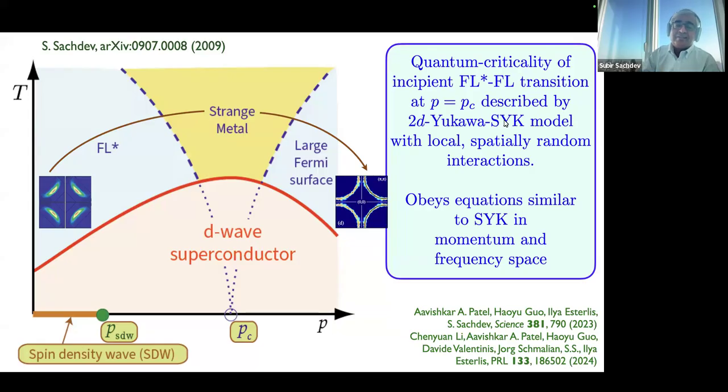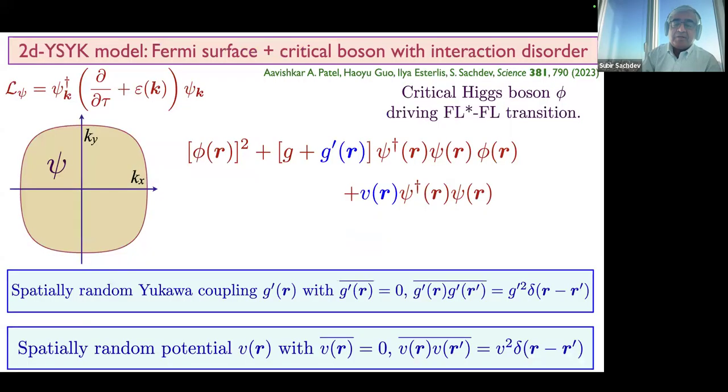And you just solve it exactly the way you solved the SYK model. You take a certain large-N limit and you average order by order, and I'll show you some of the results you get from that approach. So here's the model that we want to study, which is called the 2D YSYK model. You have fermions at the Fermi surface.